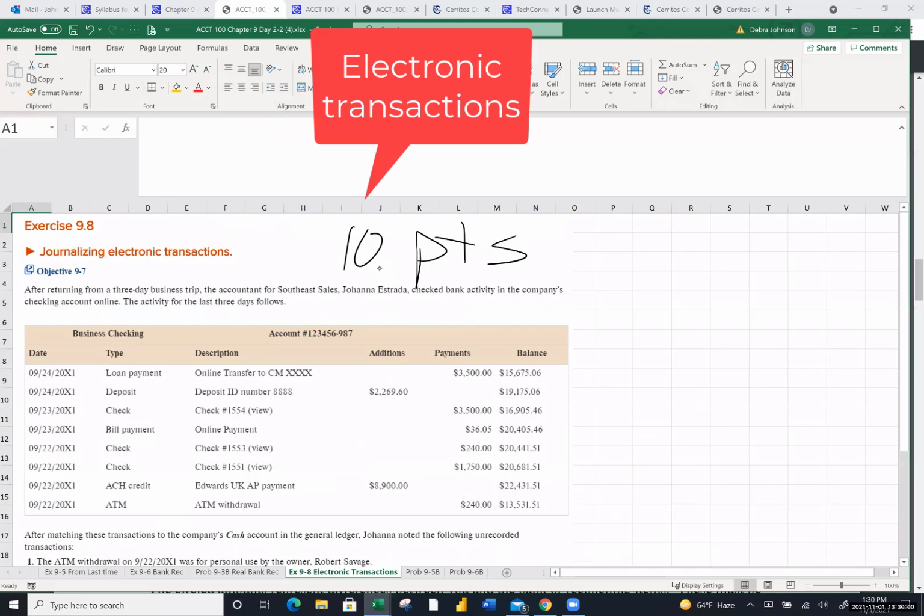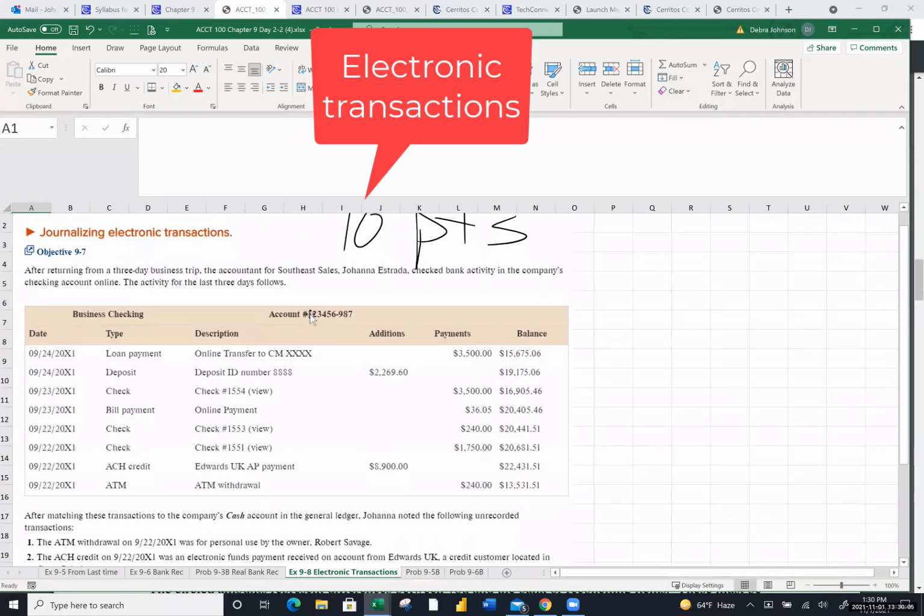It's going to deal with electronic transactions. And this was a problem that was put in based on a lot of feedback from myself and other instructors that teach this, which said to the author, why are you guys teaching bank recs with all these checks?